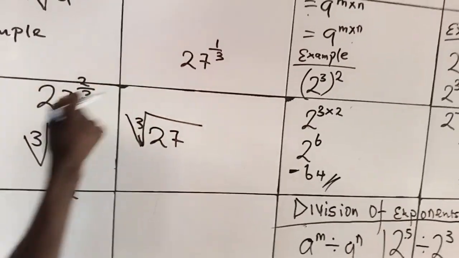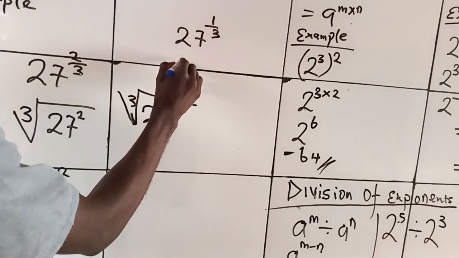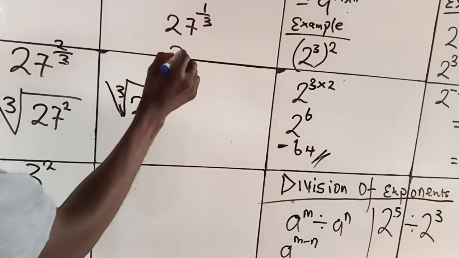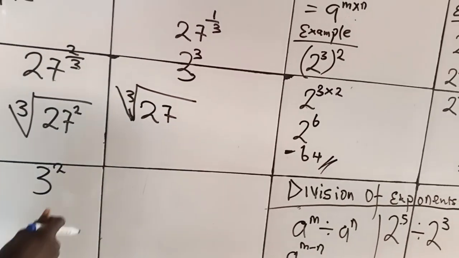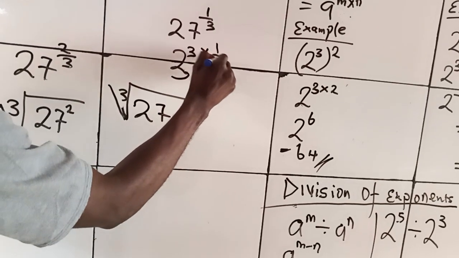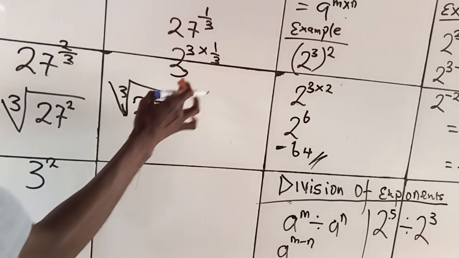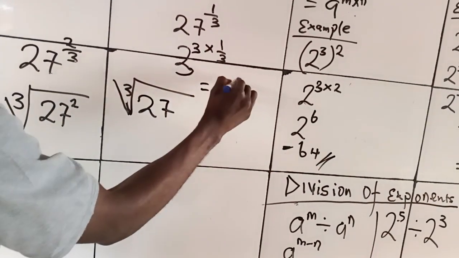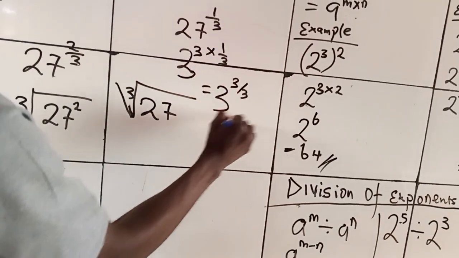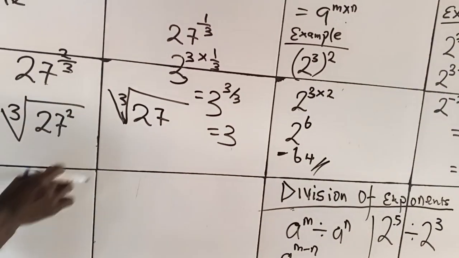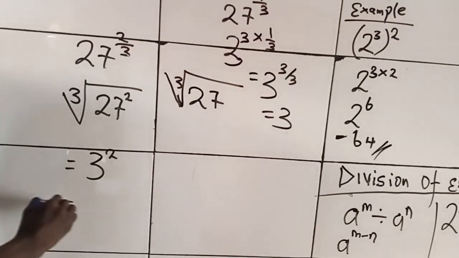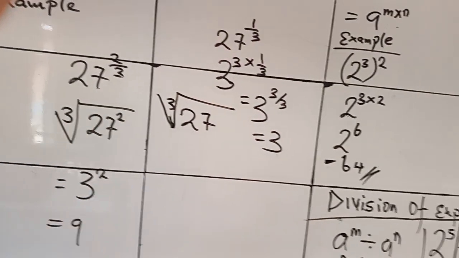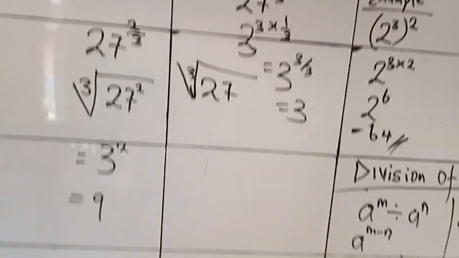And 27 is also the same thing as 3 raised to the power of 3 times 1 all over 3. So this is going to be 3 raised to the power of 3 all over 3, which is equal to 3. Then you bring down your square. So this is going to be 9. So this is an example under the law.